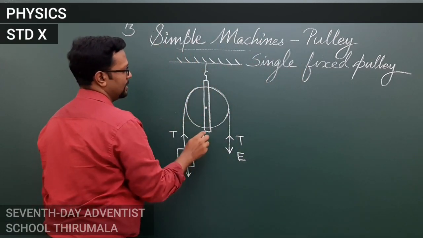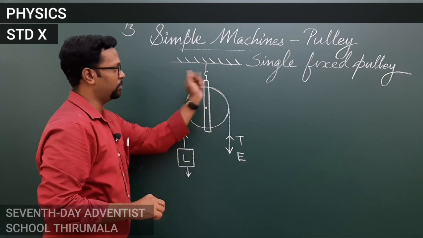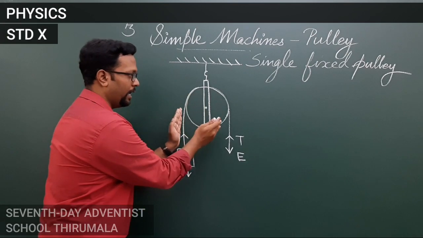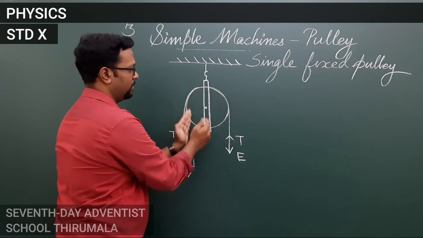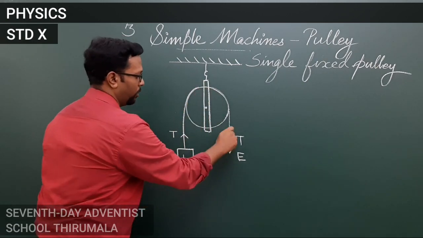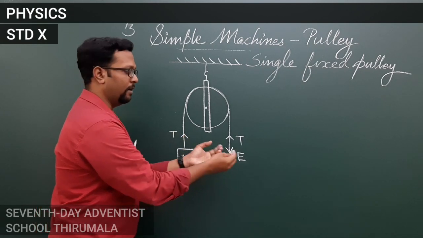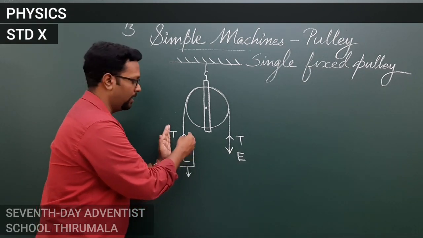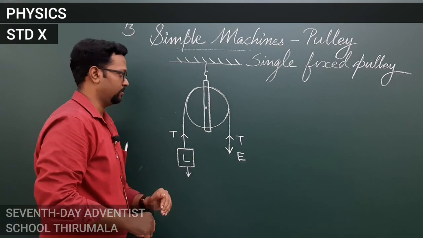Because its axis is fixed to a rigid support and the pulley cannot move from there. It is fixed over there, it can only rotate. When you pull the rope over here, the load will move in the upward direction. When the effort is not enough, the load will make this end move in the downward direction.